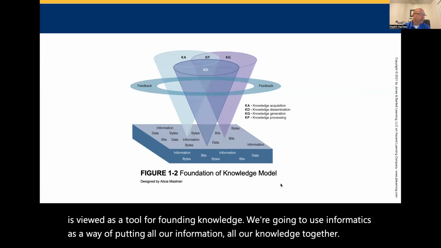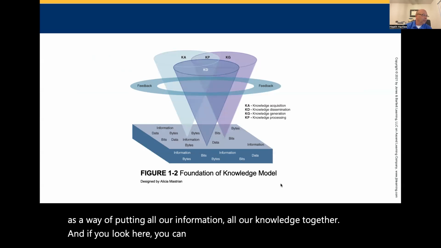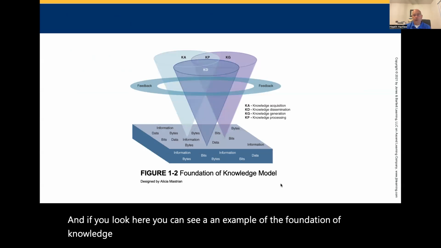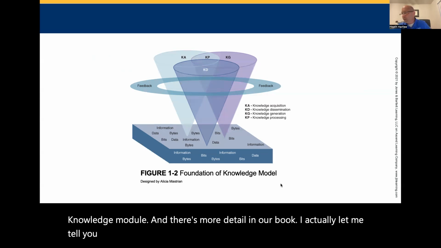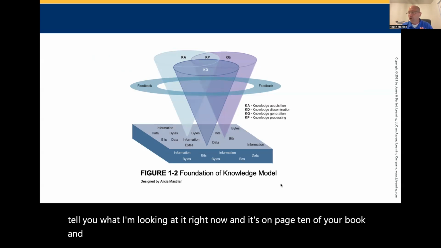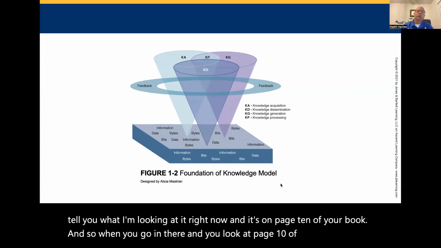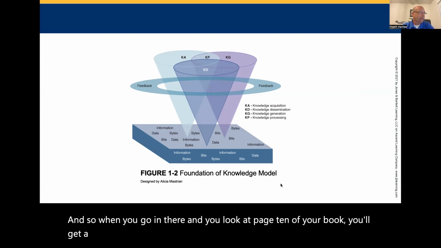And if you look here, you can see an example of the foundation of knowledge model. There's more detail in our book. I am looking at it right now, and it's on page 10 of your book. When you look at page 10, you'll get a fantastic description of exactly what this is.